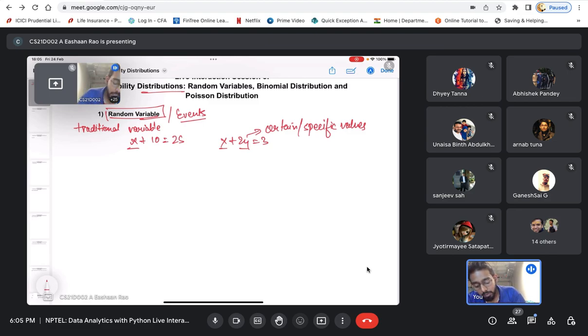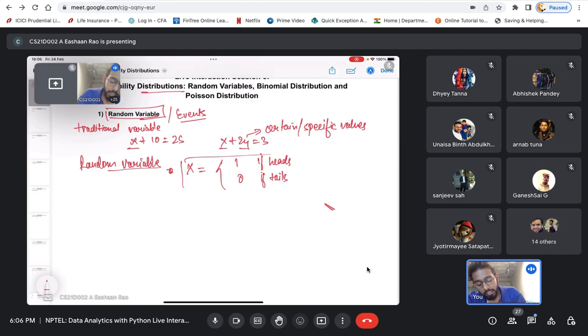But when we say random variable, this doesn't hold true. In fact, the word variable is kind of misleading. Suppose you're tossing a coin: if head comes you assign the value 1, and if 0 comes, that means it's a tail.